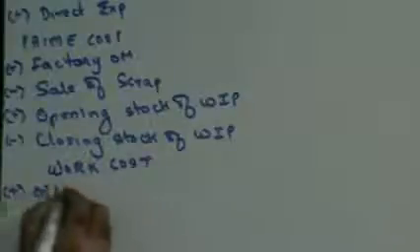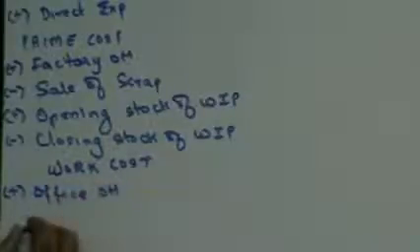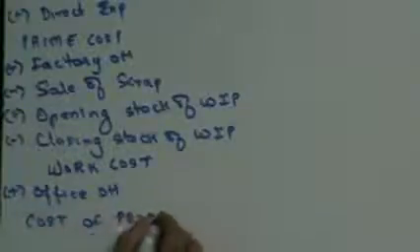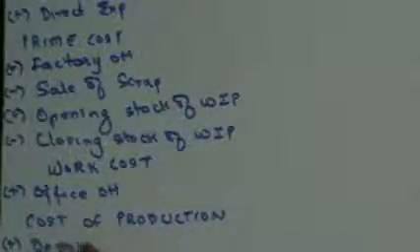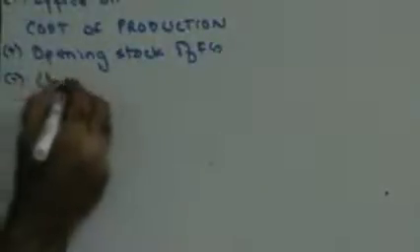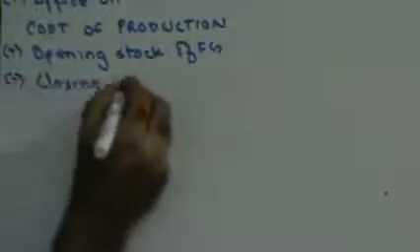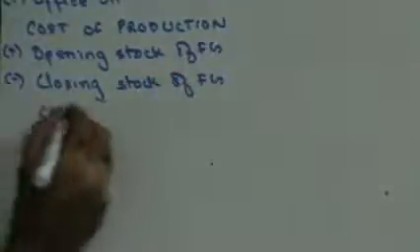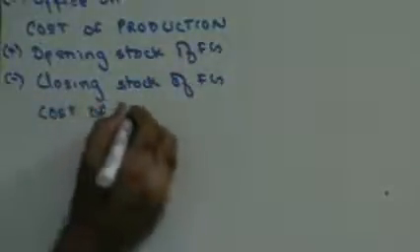Add office overheads will give you cost of production. Add opening stock of FG less closing stock of FG will give you cost of FG.